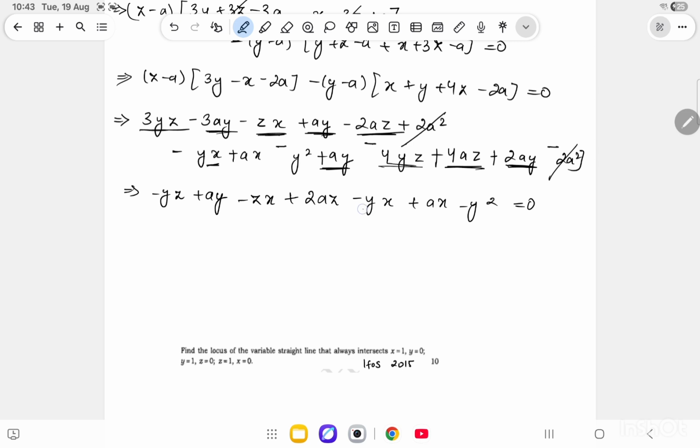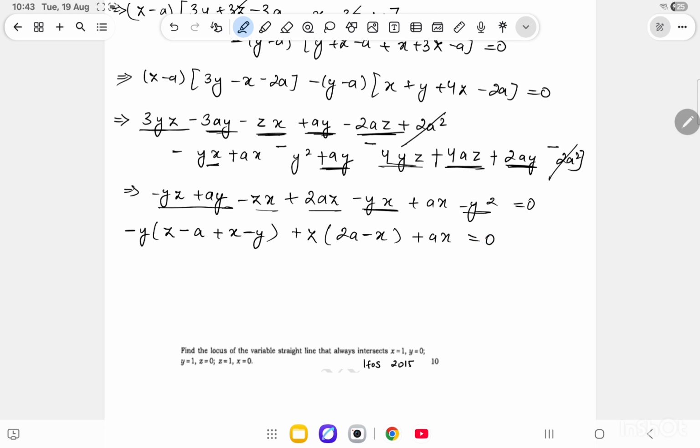We can take y common from these terms. So if I take y common, minus y, z minus a plus x minus y, and then from here I can take z common, maybe, plus z into 2a minus x plus ax equals to 0.